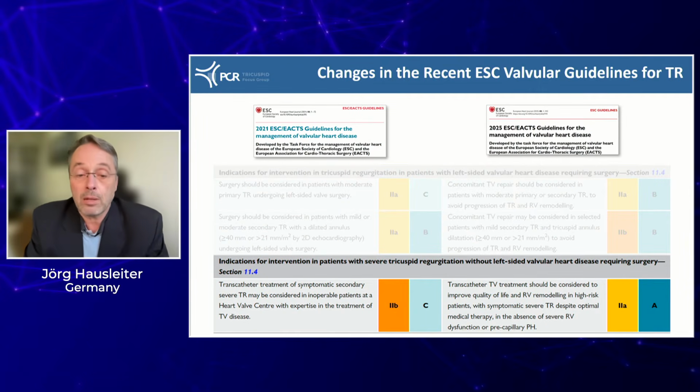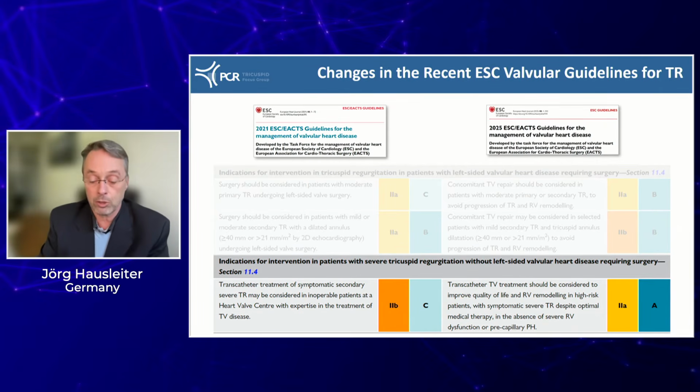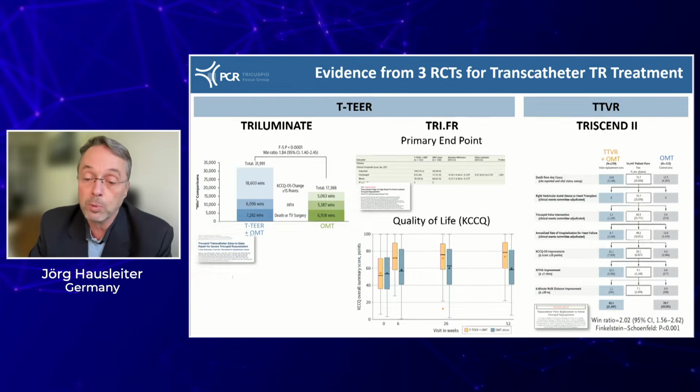Then there is another very important change in the recommendations, and Francesco, you already mentioned that now there is a 2A indication with a level of evidence of A for transcatheter therapies of tricuspid patients, with a goal to improve the quality of life and the RV remodeling. And this is in patients with severe symptomatic TR despite optimal medical therapy.